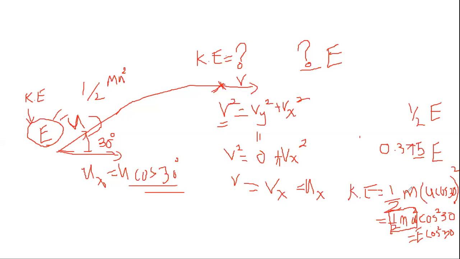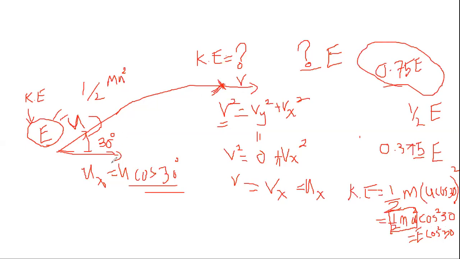Anyone? Half m u squared becomes E, the initial energy, since the initial velocity is U. So cos 30 squared is 0.75, so the final answer should be 0.75 E. The kinetic energy at the top here is 0.75 E. 3/4 of the kinetic energy from the beginning is retained at the top.